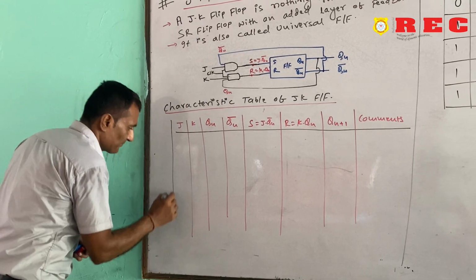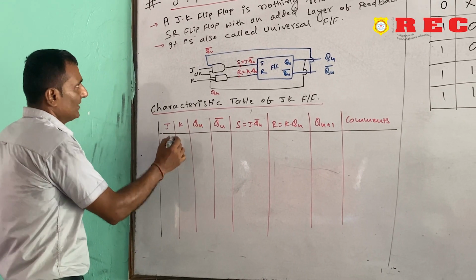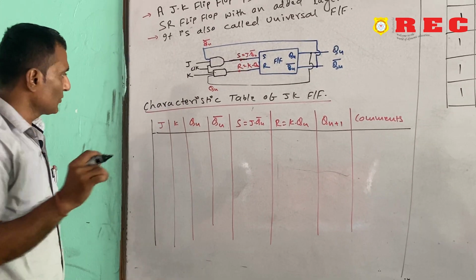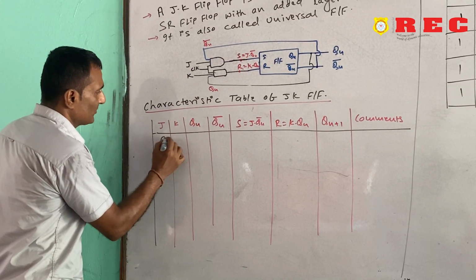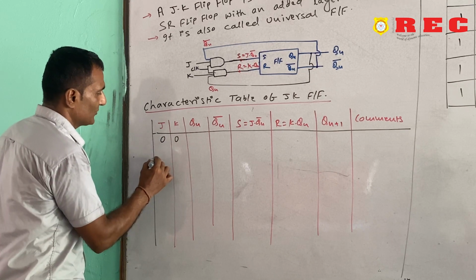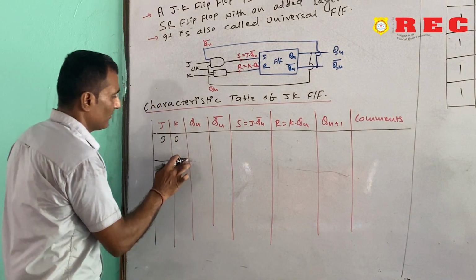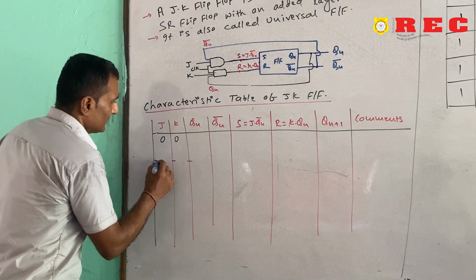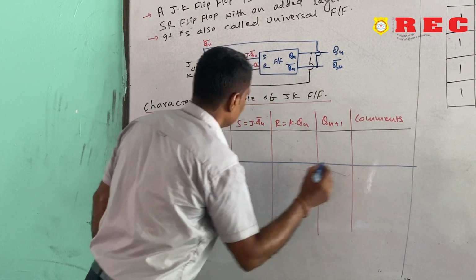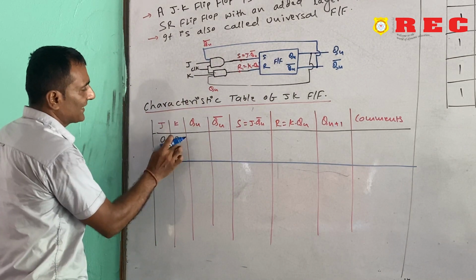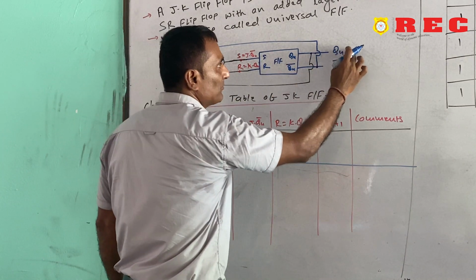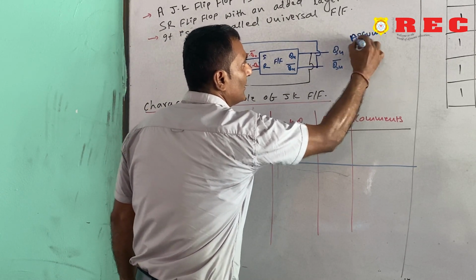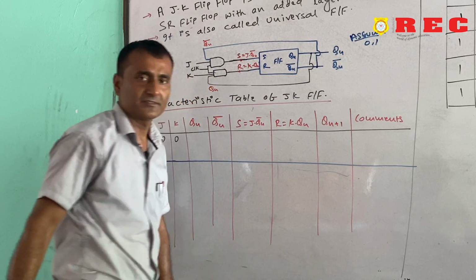So firstly, J and K are our input terminals. First, J should be 0 and K should be 0. We have two options. What are the options? J is equal to 0, K is equal to 0, and at that time we have to assume Qn may be 0 or 1.